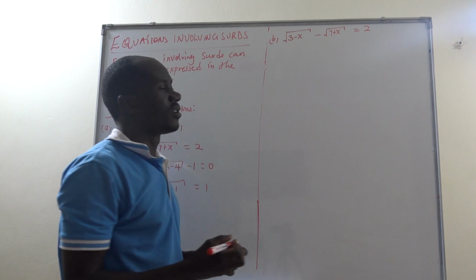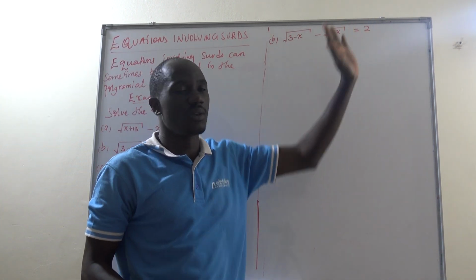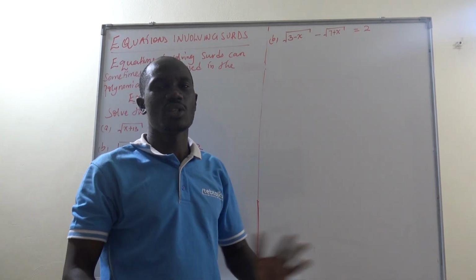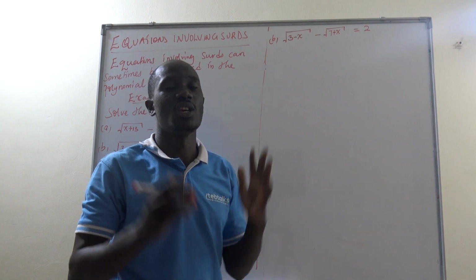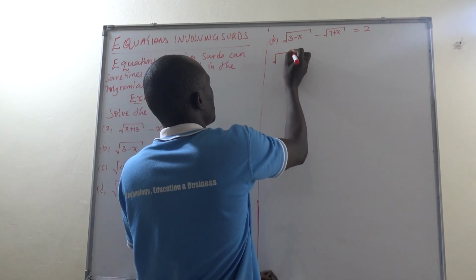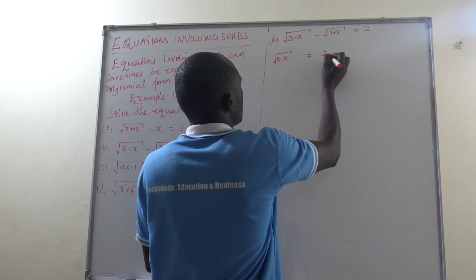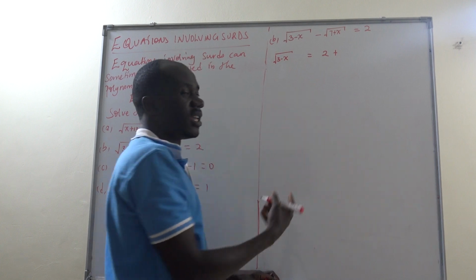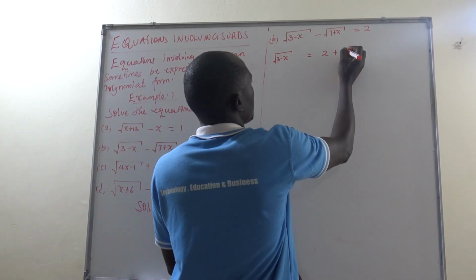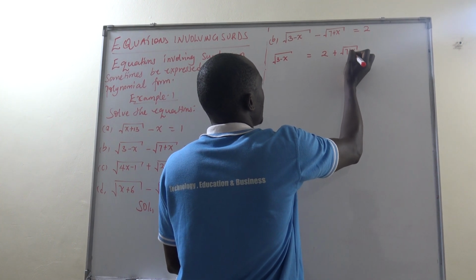So there are two ways of killing this bird. You can square this one, or you can first take that one to the other side. So what I'm going to do, let me take this one so that the roots are not much and they can easily confuse you as a learner. So we are going to have root of 3 minus x equals 2 plus, because this one is a negative, when it goes to the other side it becomes a positive, 2 plus root of 7 plus x.